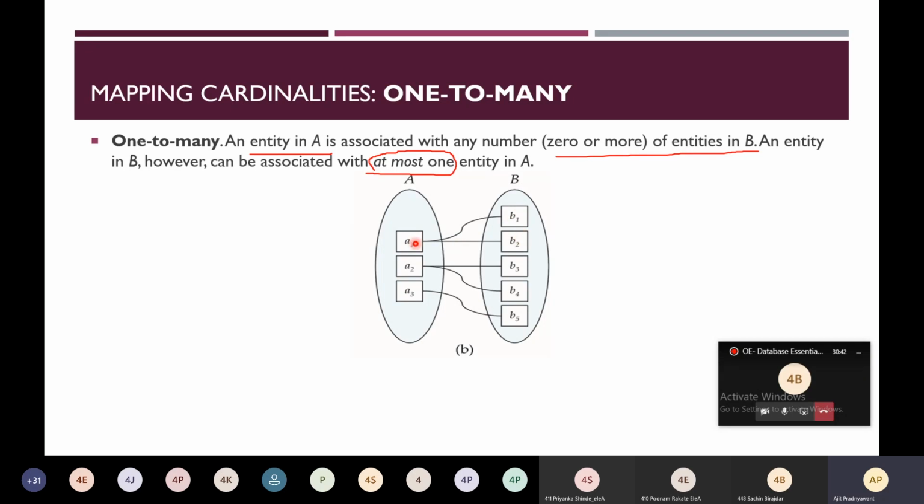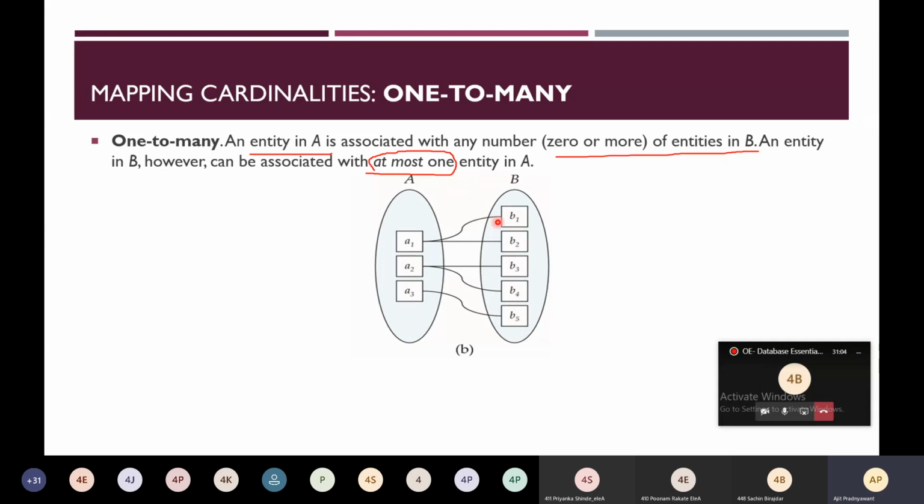That's why it is called one-to-many. Similarly, A2 is associated with B3 and B4. That is one-to-many. And A3 is associated with B5.